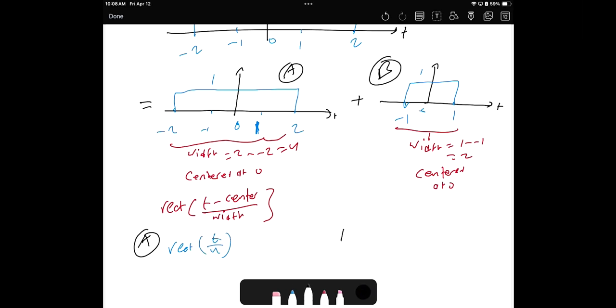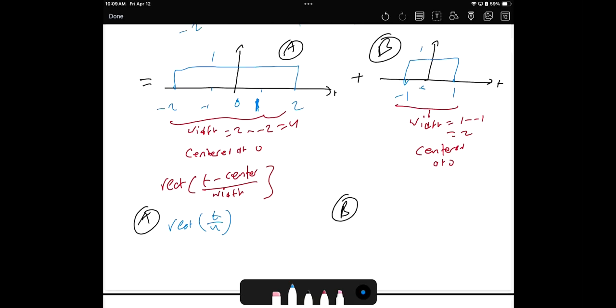While part B will be rect of t minus 0, which is t over the width, which is 2. Okay? We already did this before, which is how to define the rect.